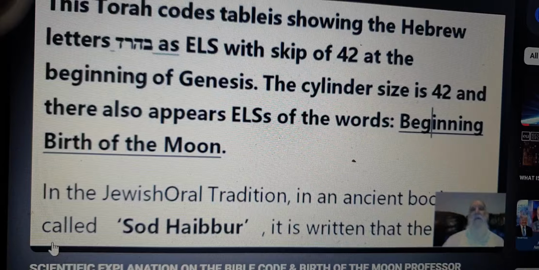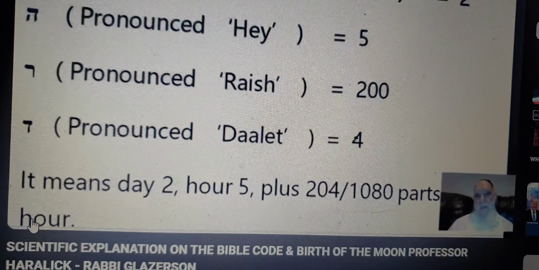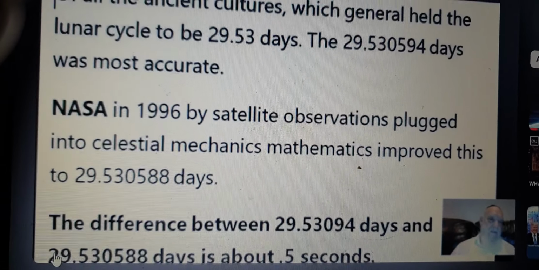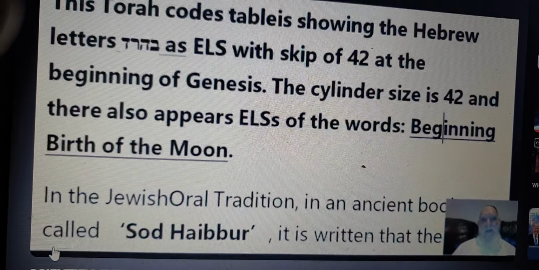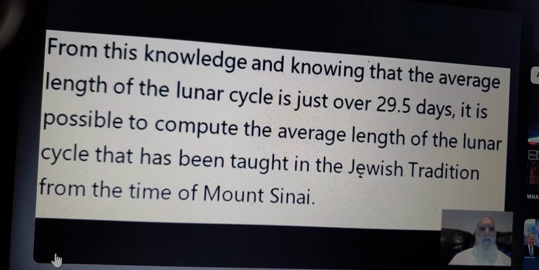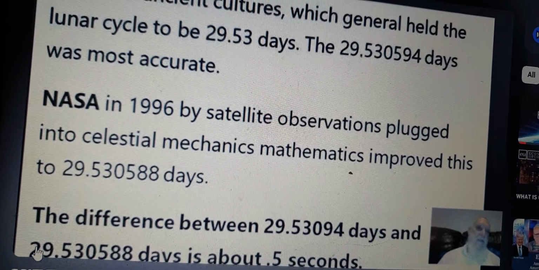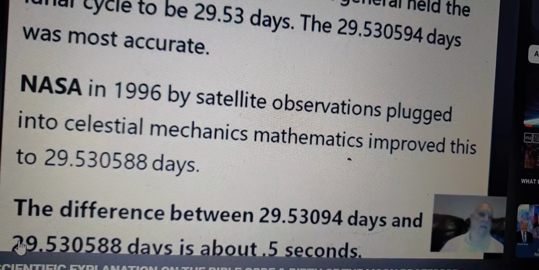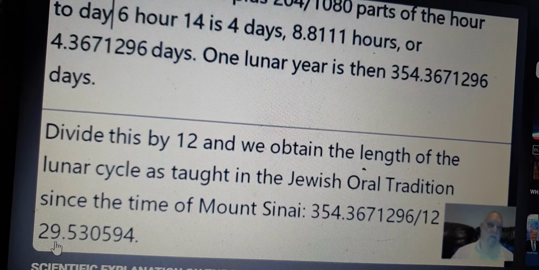They knew exactly when the birth of the moon is. And the difference between NASA and what Jews knew, 5 seconds. So that's one thing, properly realizing that this is a clear proof that Torah is from heaven.